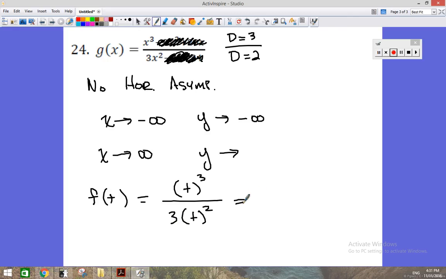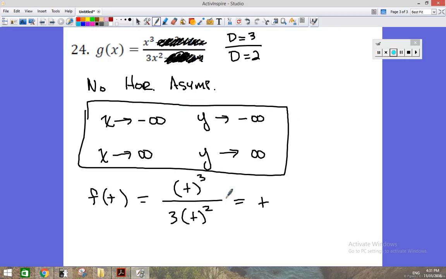Well, this is a positive number divided by a positive number. That ratio is positive. So as x is approaching positive infinity, so is y. It's also approaching positive infinity. So here's my answer for the end behavior for this function.